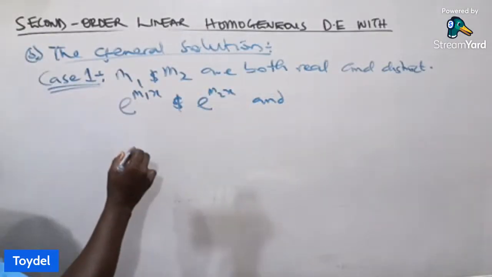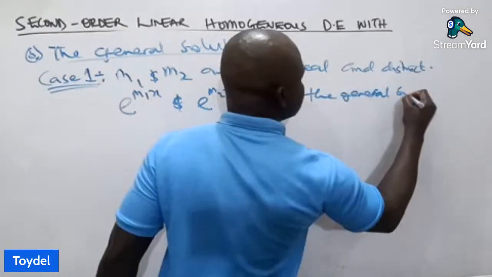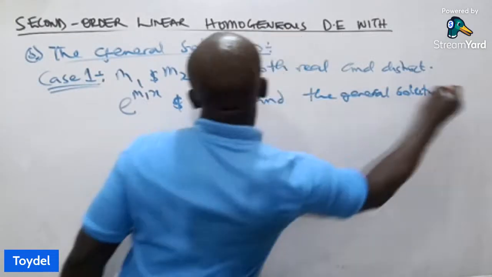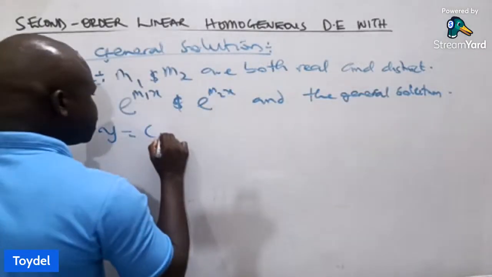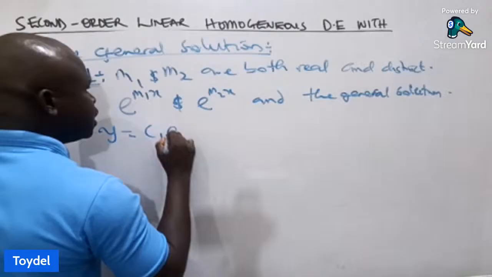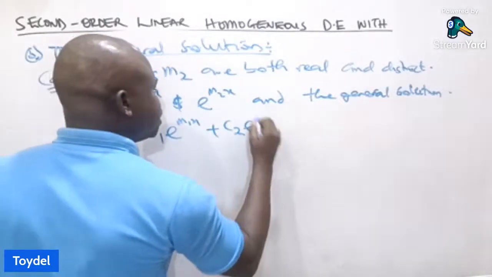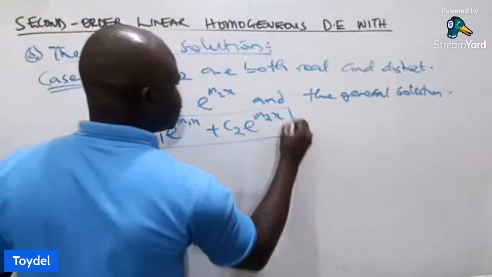And the general solution will be y is equal to C1 e to the power m1x plus C2 e to the power m2x. This will be the general solution.